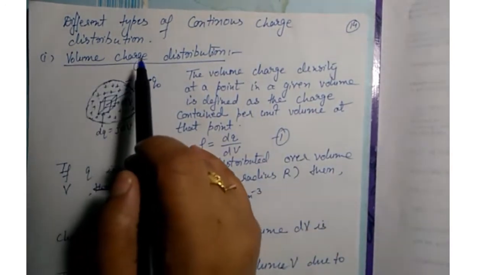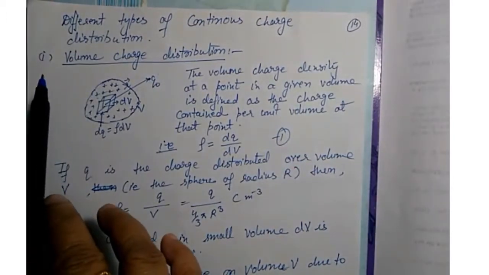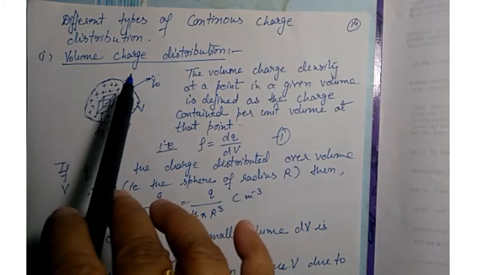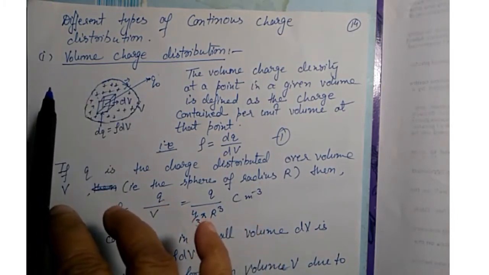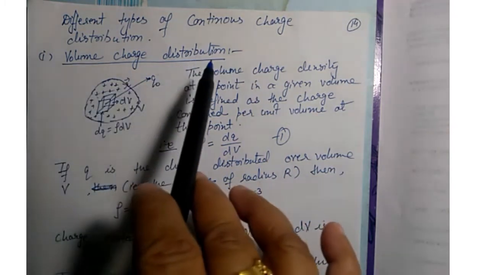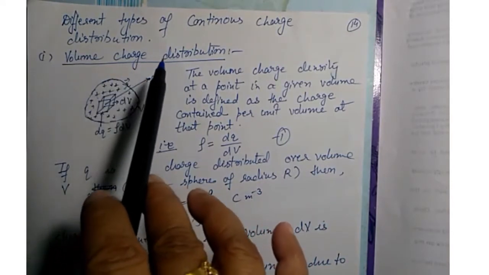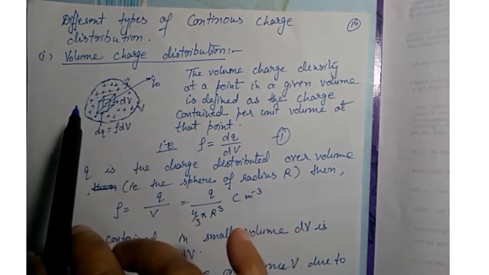There are three different types of continuous charge distribution: volume charge distribution, surface charge distribution, and linear charge distribution. First of all, let us study the volume charge distribution. As the name suggests, the charge is distributed over a volume, that is, a three-dimensional object.